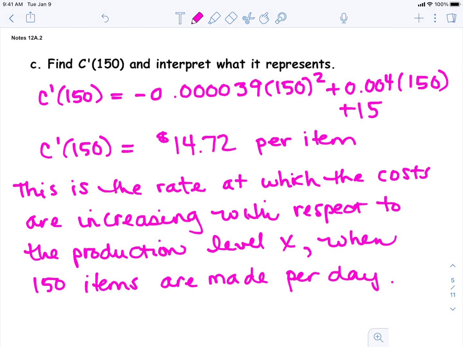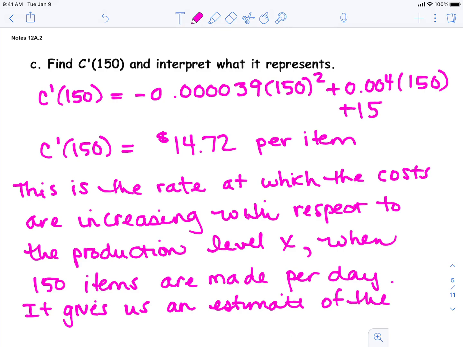So what that means is it's giving us the estimate of the cost of making the 151st item.